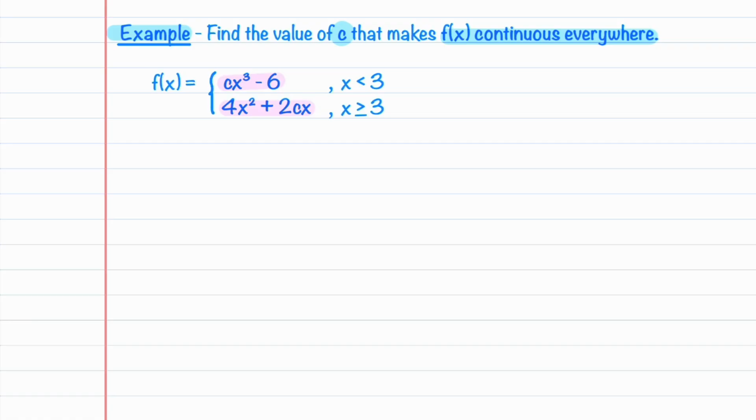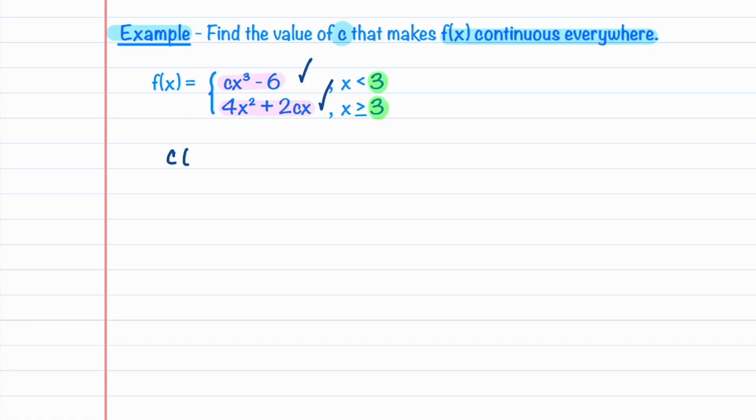If our function is going to be discontinuous, it is going to be discontinuous at x is equal to 3. Now, I think what we can do is find a value of c where it is not discontinuous. In order to do that, we are going to have to set the first piece of the function equal to the second piece of the function and plug in x is equal to 3. Let's go ahead and do that.